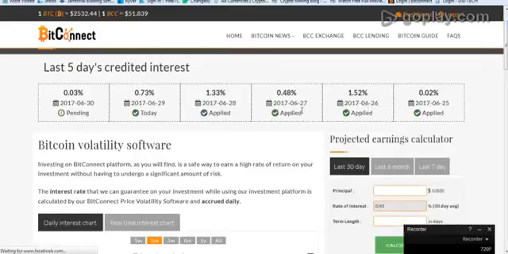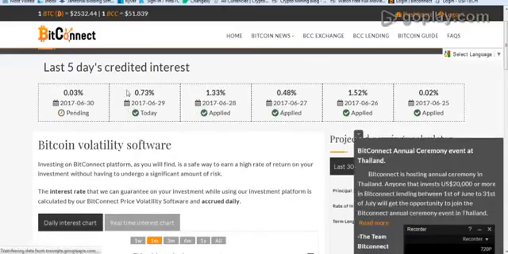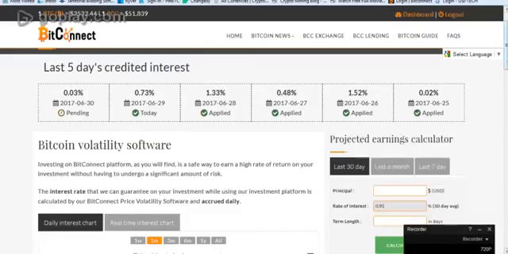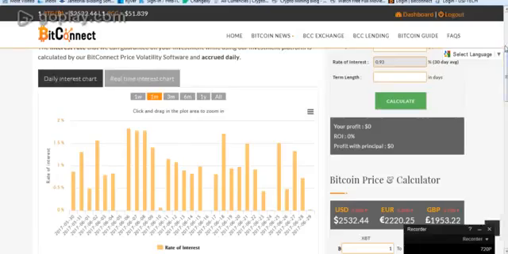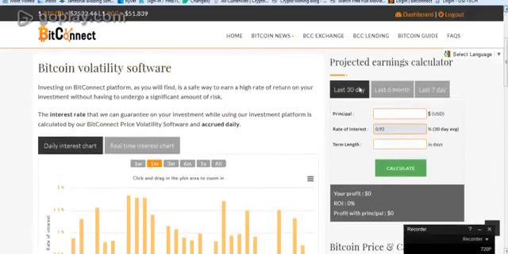Here you can see the last 6 days of payouts, well, 5, and then this is for today or tomorrow. But yeah, the last 30 days, the average rate of interest has been 0.93. So I'm just going to keep that 0.9 in there. I think that's safe.